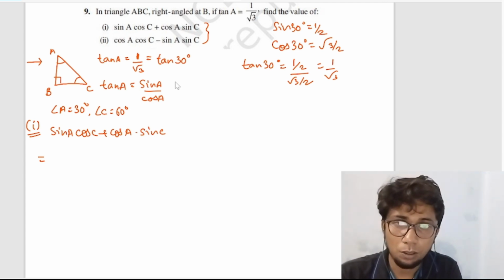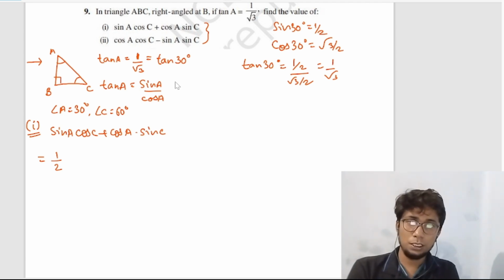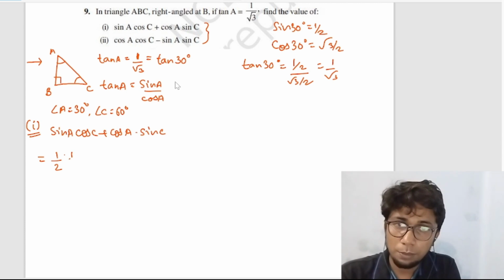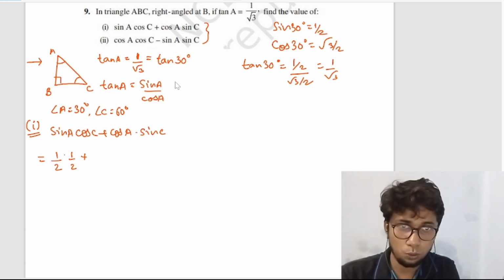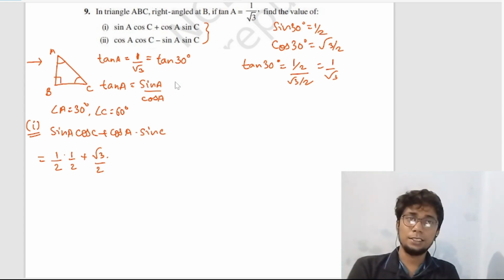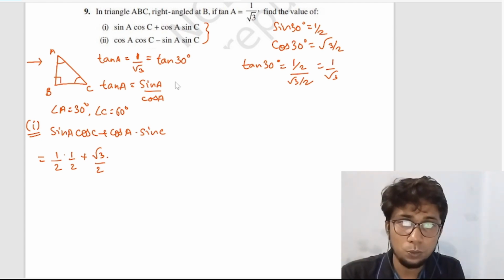That is sin 30, 1 by 2. Cos C, that is cos 60. Cos 60 is again 1 by 2, multiplied by 1 by 2, plus cos A, that is cos 30, root 3 by 2, and sin C, that is sin 60, that is again root 3 by 2.